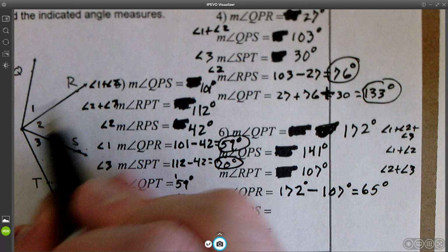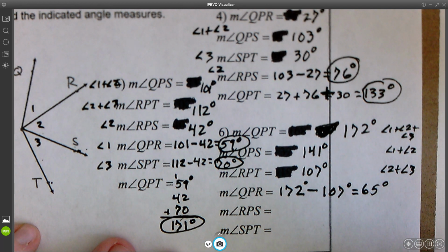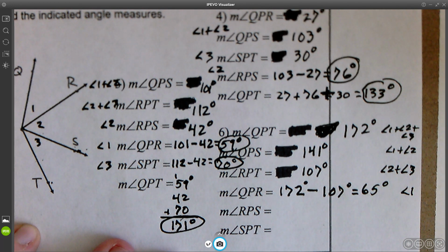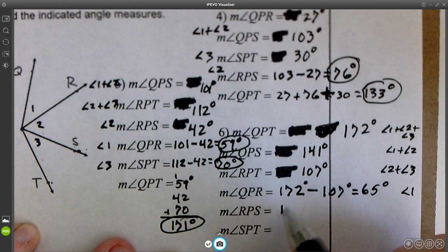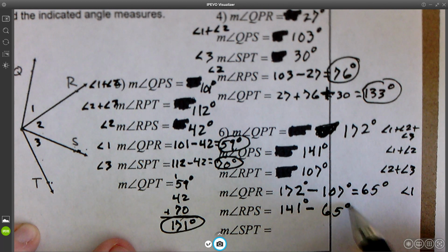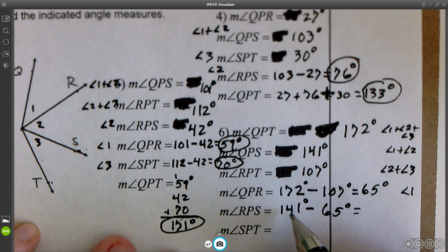But we know now that this is angle 1, right? So if we know 1 plus 2 is going to give us 141, and we know that angle 1 is 65, that leaves us with angle 2. So 141 minus 65 is going to give us 76 degrees.